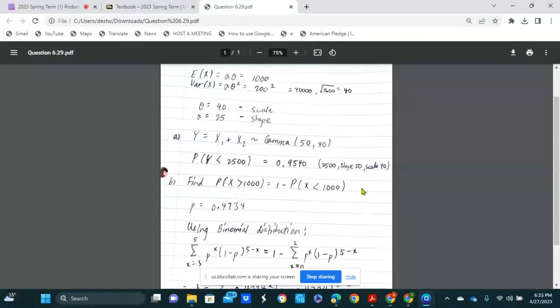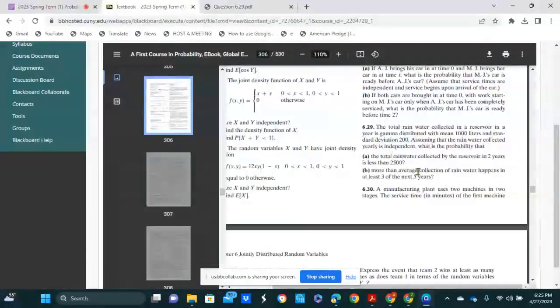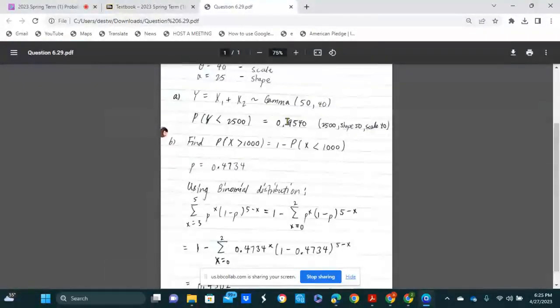And then B, it says more than average collection of rainwater happens in at least 3 of the next 5 years. So same thing I used, but 1,000 every year, the average.